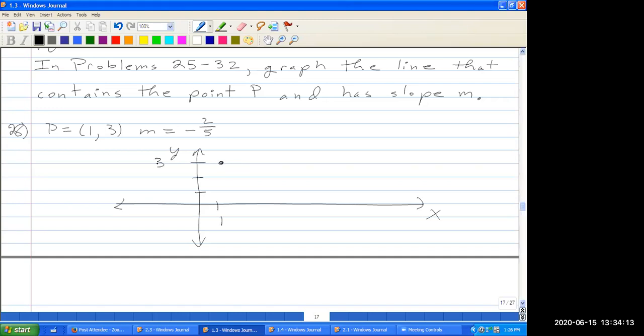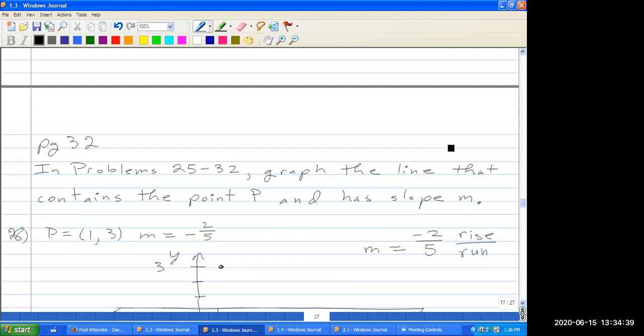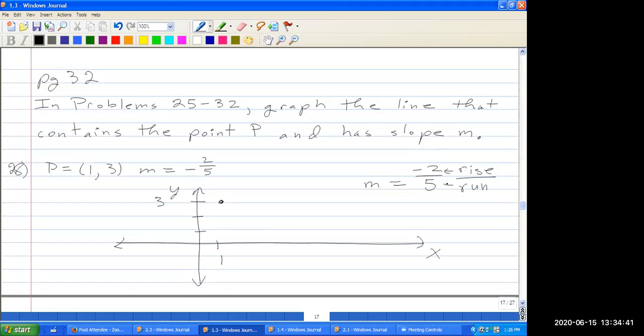Okay. And then I should write my slope as rise over run. So I have a run of 5: 1, 2, 3, 4, 5.